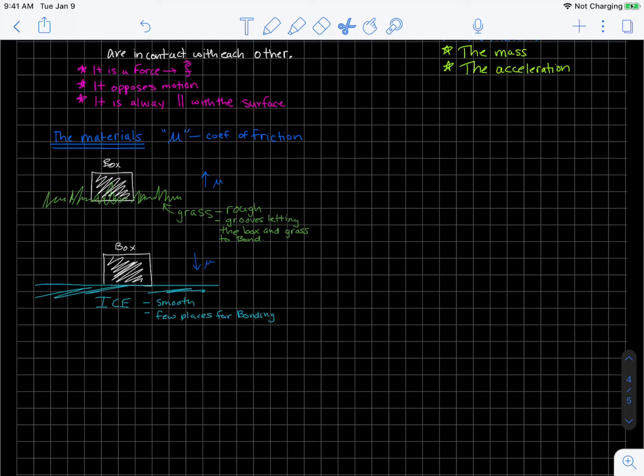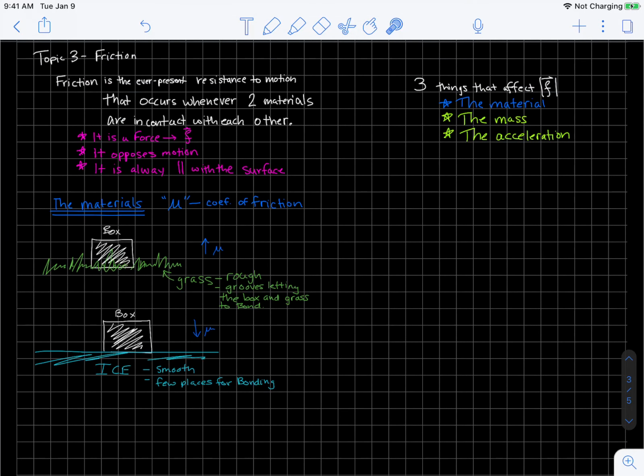But the materials affect the magnitude of friction, so how big friction is. The next two, I'm going to combine. We just talked about material, and I introduced you to this Greek letter mu for the coefficient of friction.